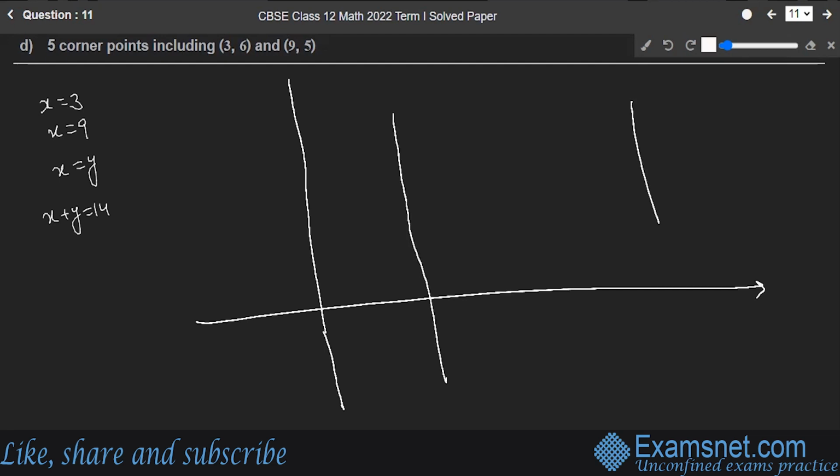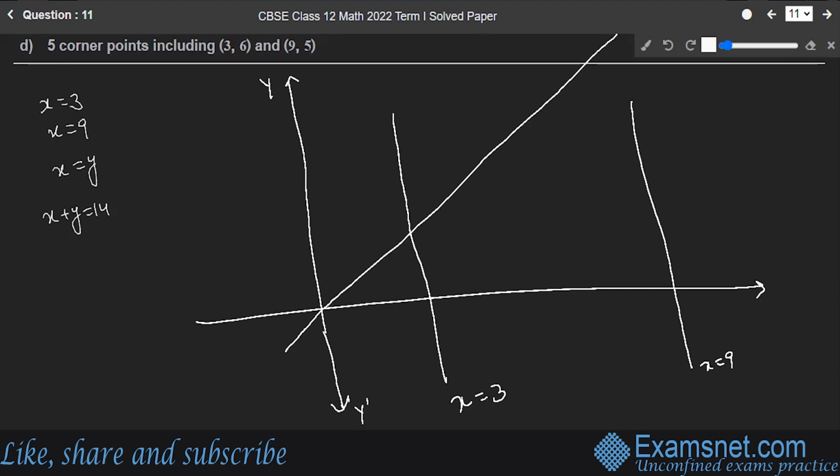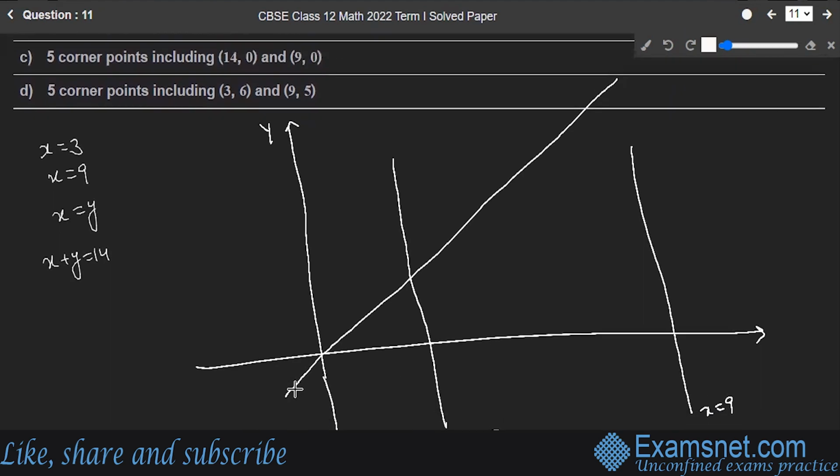This will be x is equal to 9. This is your y-axis. And x is equal to y will be this line. Then you have x plus y is equal to 14. This line will look something like this.